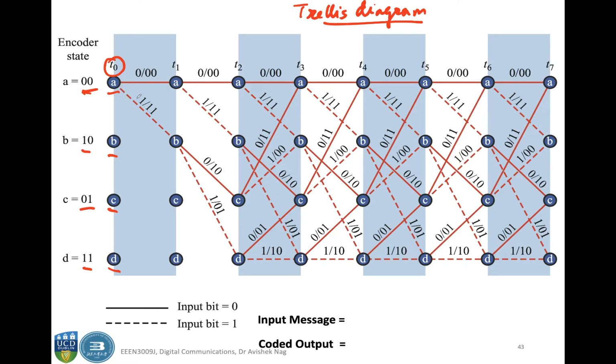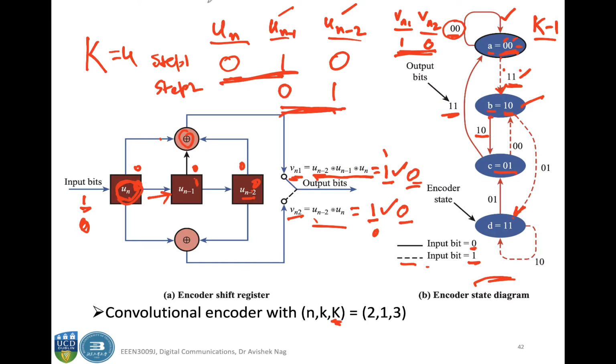Now from state A, you can have an input of 0 and you move to state A again. This was denoted by this loop here.